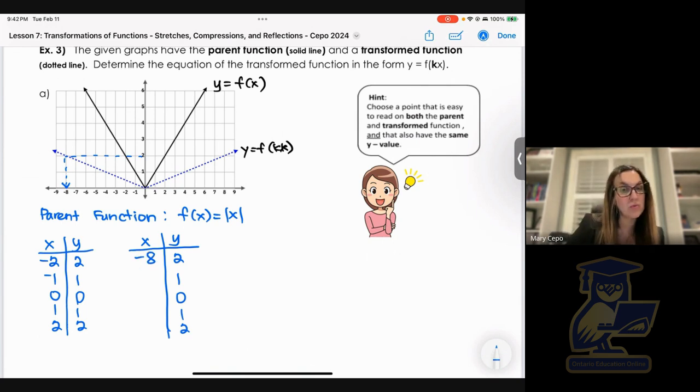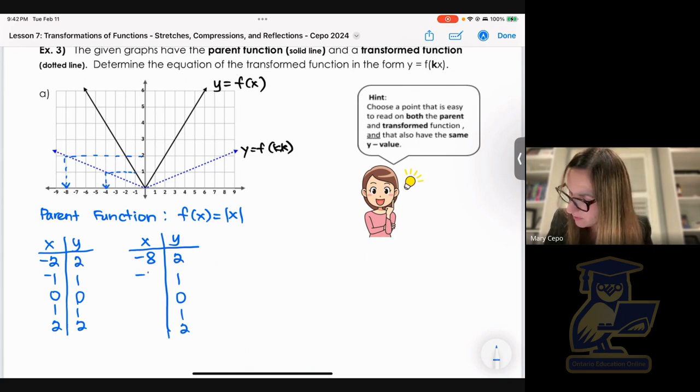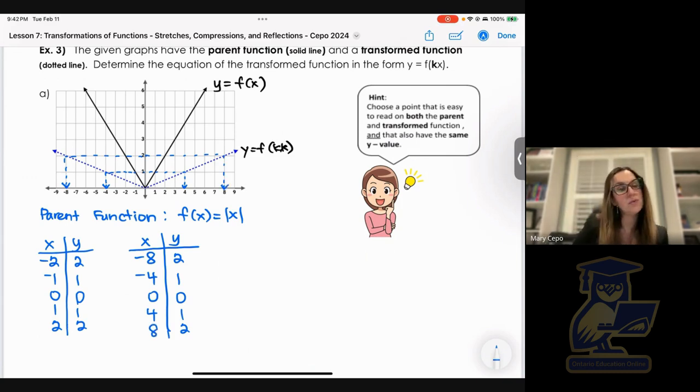When y is 1, my corresponding x value is negative 4. 0, 0, 4, and then positive 8.